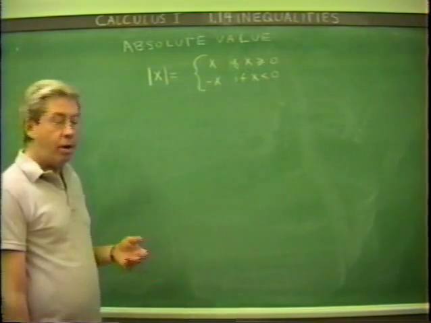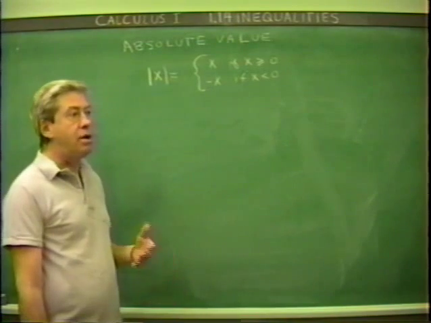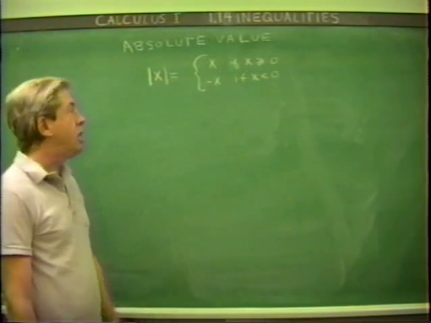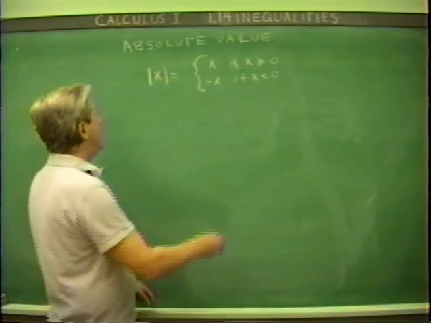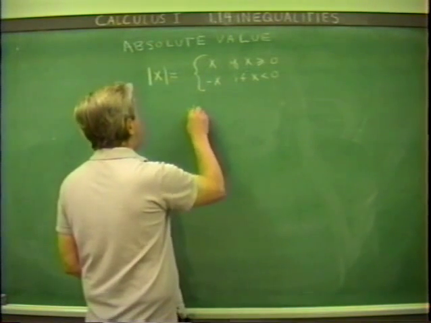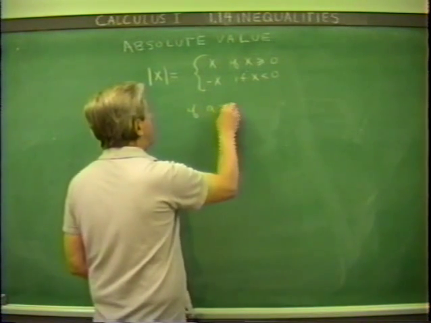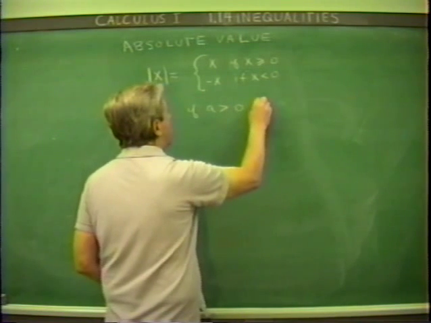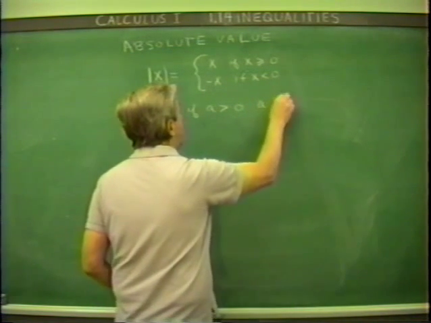Now there are several simple inequalities involving absolute values that are generally taught in high school. They're generally taught as the solution to all problems, and they're not really the solution to all problems. But let's look at them first.